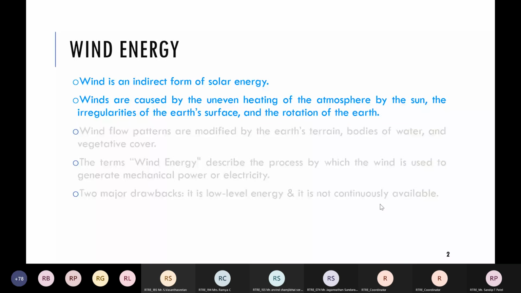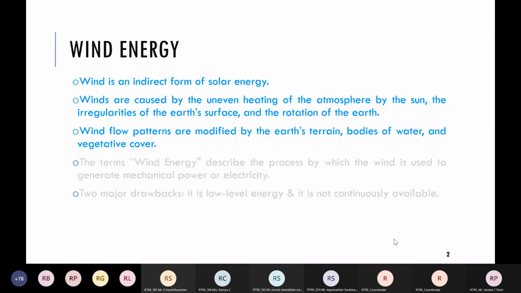The flow pattern of wind is affected by earth terrain like hills and valleys, bodies of water, meaning sea or river or lake, and forestation, as well as man-made things like buildings, and natural forest, right? So all this irregularity of surface causes the variation in wind.